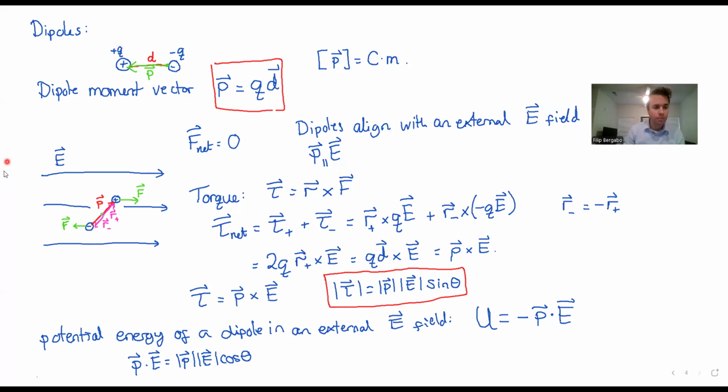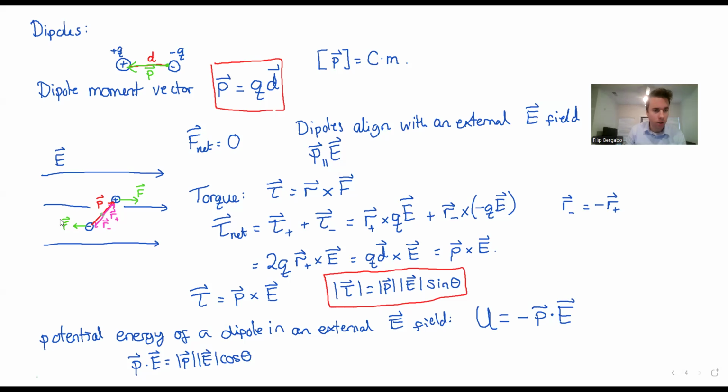In this case, because we have this minus sign, this tells you that the minimum energy configuration is when the dipole moment vector and the electric field are aligned. So this again is another way of telling you that the system naturally wants to align the dipole moment vector with the electric field because that's the system's state which has the lowest potential energy. So keep in mind that systems are always naturally trying to lower their potential energy.